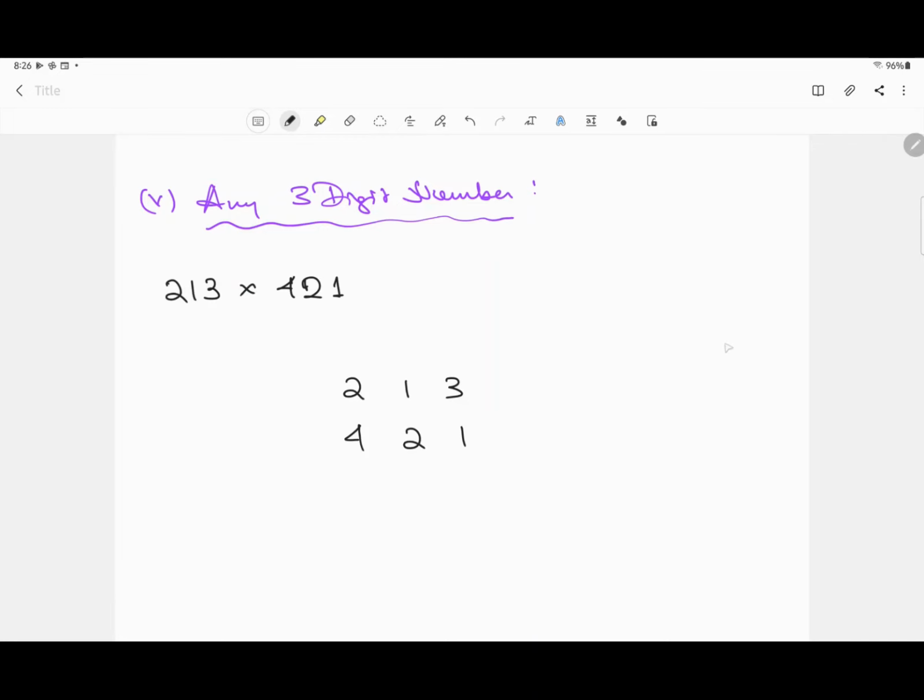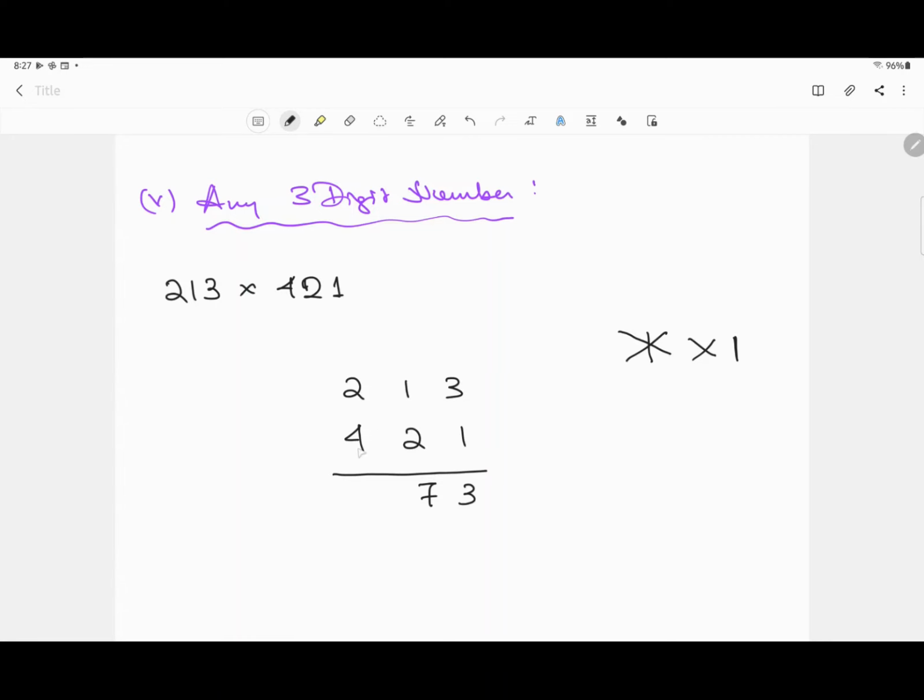So, first it will be a vertical multiplication, that is 3 into 1, which is 3. Then it is a cross multiplication between these two numbers and addition. So, 1 into 1 is 1 and 3 into 2 is 6. So, 6 plus 1 is 7, no carry. Now, a long cross multiplication, that is 2 into 1 plus 3 into 4 plus this vertical number.